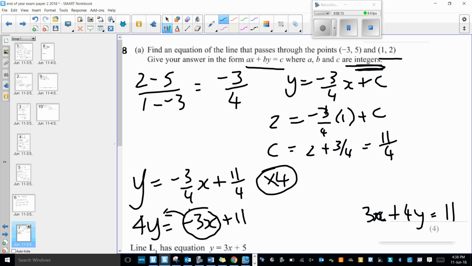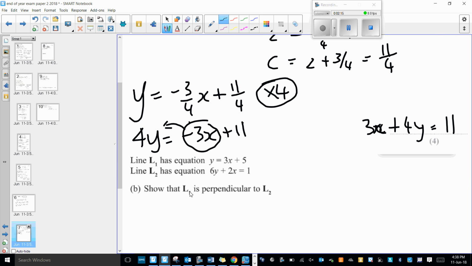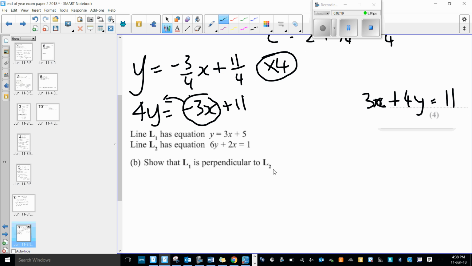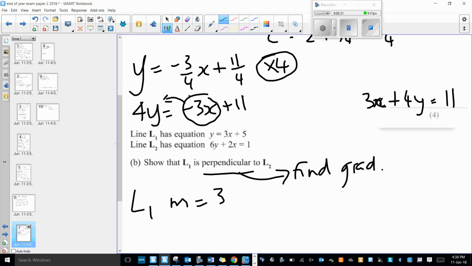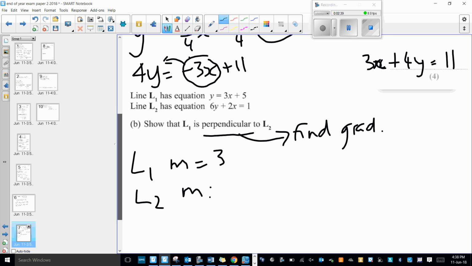L1 has equation blah blah, L2 has equation blah blah, show that L1 is perpendicular to L2. So if they're perpendicular, we need to find their gradients. So for line 1 it is 3, for line 2 is more complicated, so we need to rearrange it to be y equals mx plus c.